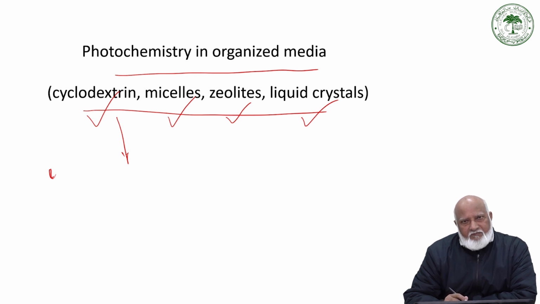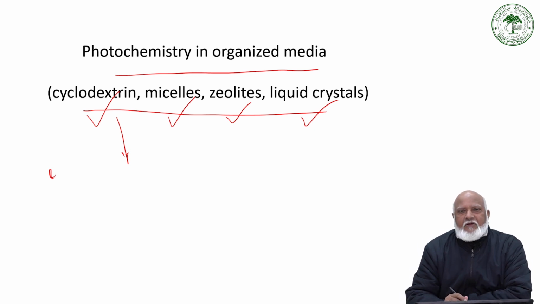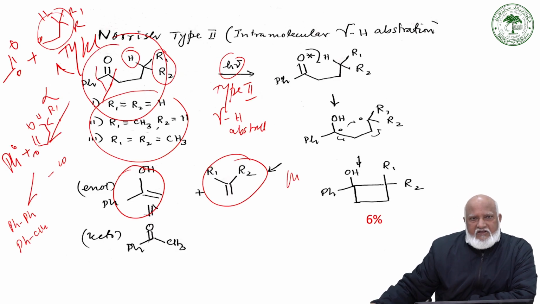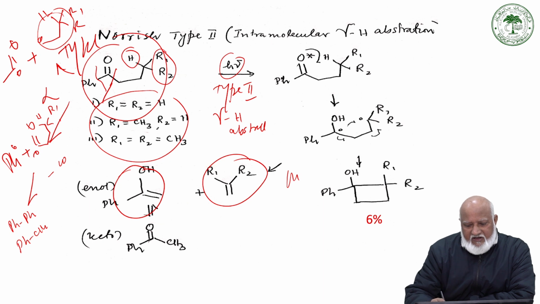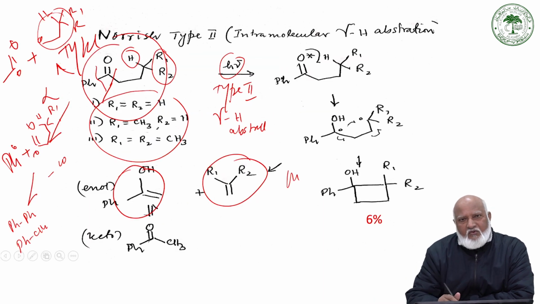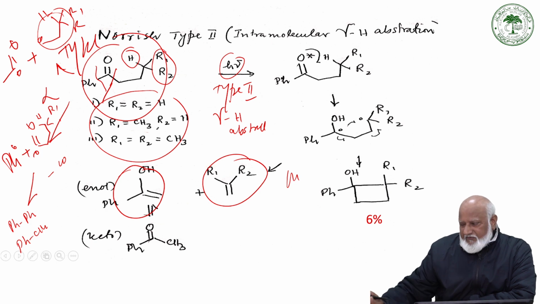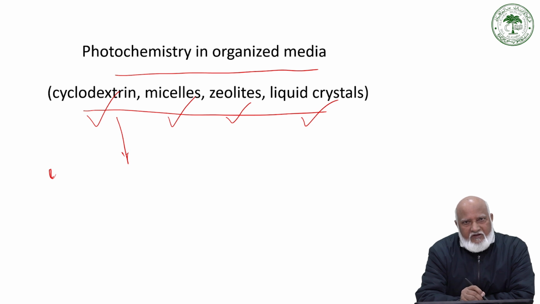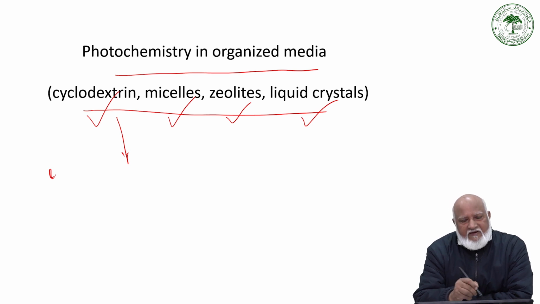So people have tried to use these media to bring about selectivity in these reactions, so that we can increase the most useful product, cyclobutanol, to a higher yield. Professor V. Ramamurthy has done an enormous amount of work on these inclusion complexes, forming host-guest complexes and then studying the photoreaction in them.